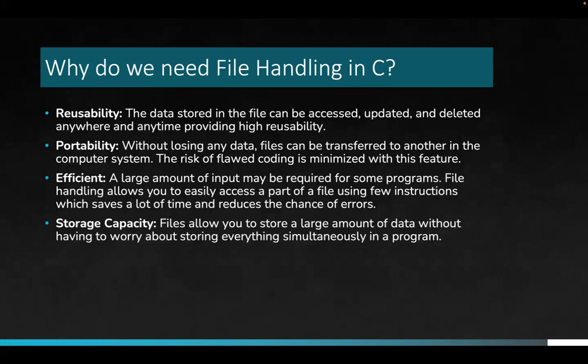The next one is portability. If you want to change the file format from one to another, like a text file to a binary file and back to a text file, these files can be transferred from one form to another using C code without losing any data. There is a risk when changing from one file type to another that the content gets modified, and the nature of the content inside the file might also change.